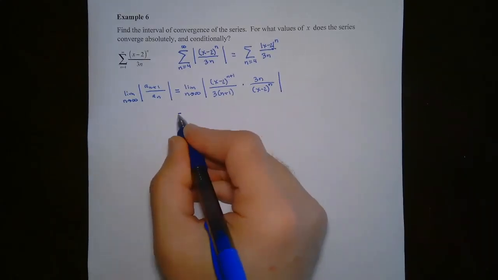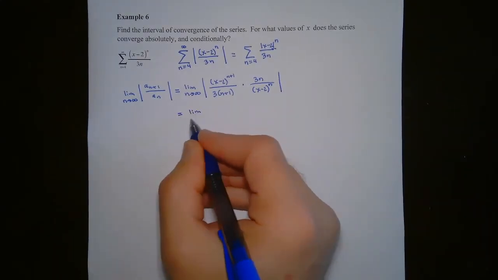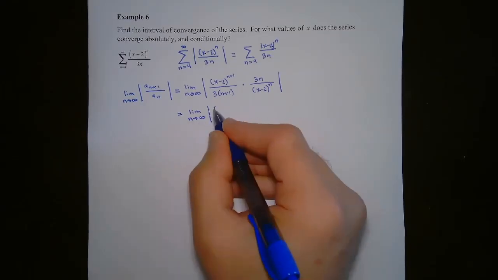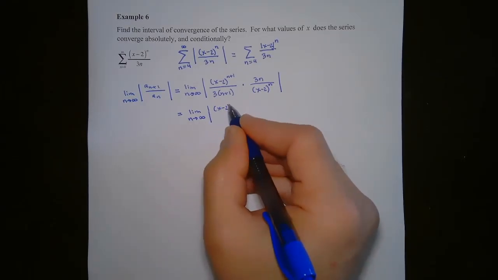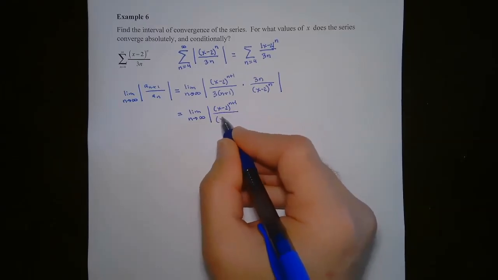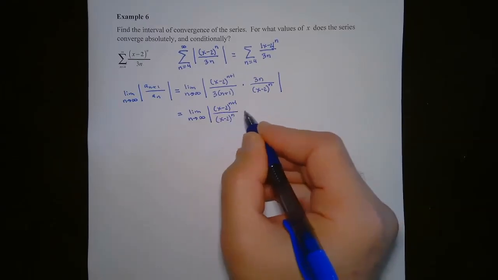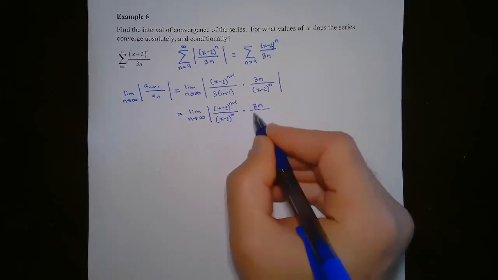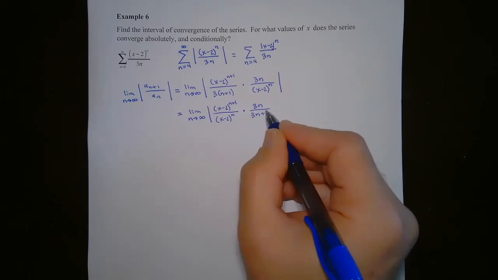Rearranging the terms, this would be the limit as n goes to infinity of the absolute value of x minus 2 raised to the n plus 1 over x minus 2 raised to the n, times 3n over 3n plus 3.